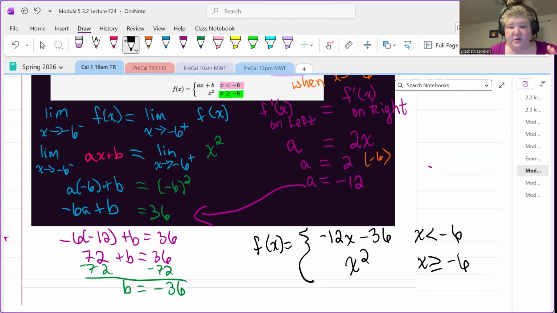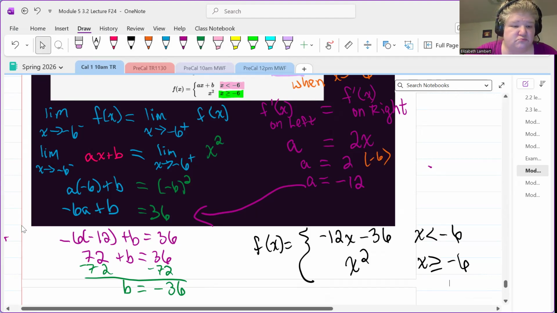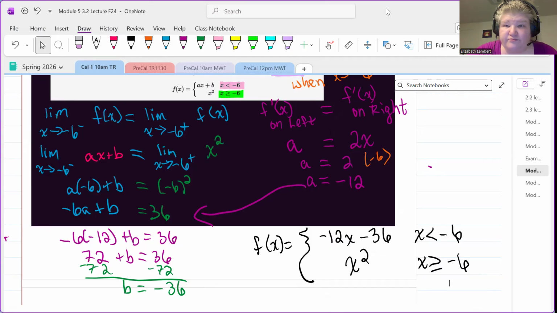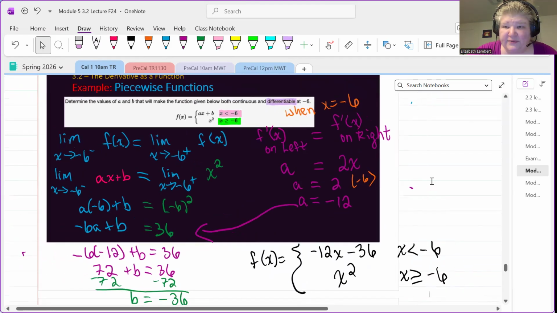So I would have a decreasing diagonal line until we arrived at -6, and then it would go down to 0, form the vertex of the parabola, and then it would go up. So that is how we also handle the differentiability.